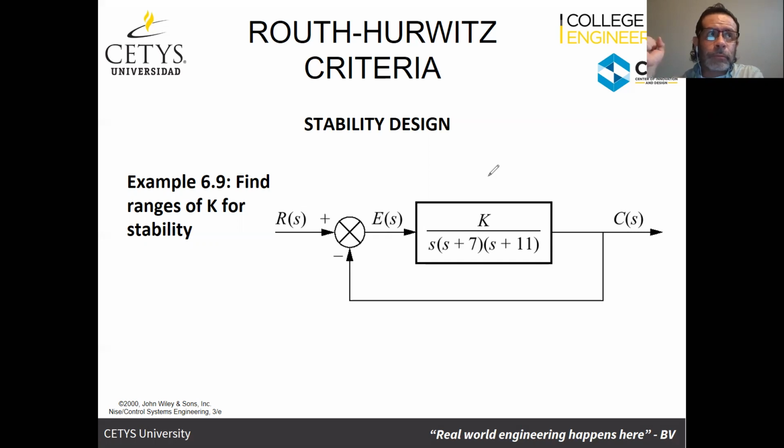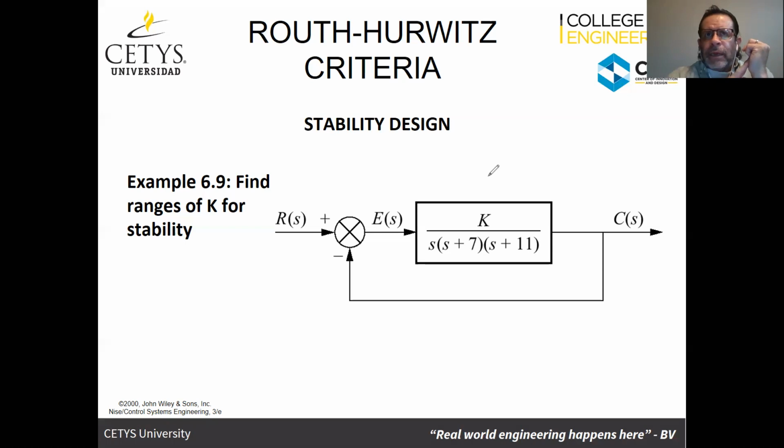Now, for this system in particular, we want to define the value of K, or at least know the values of K that are going to be allowed for the system to be stable. Because remember when we did the antenna system, we kind of gave values of K randomly.